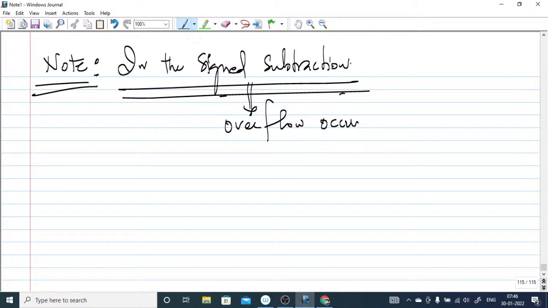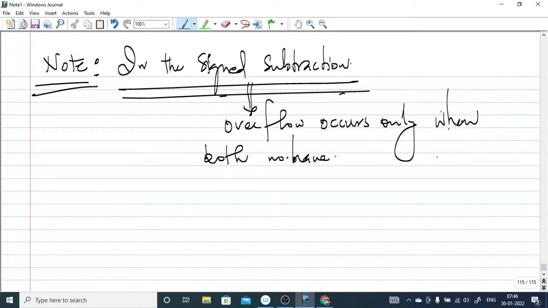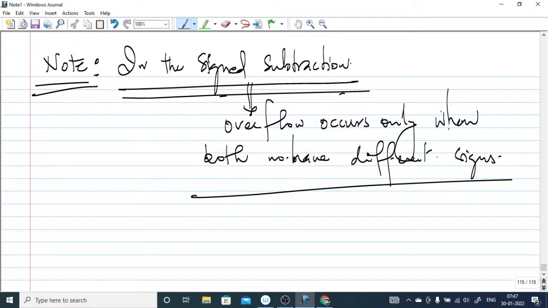Overflow occurs only when both numbers have different signs.